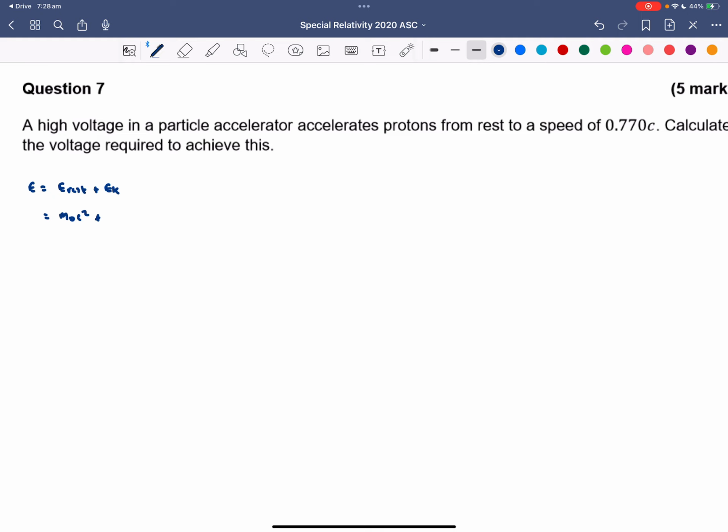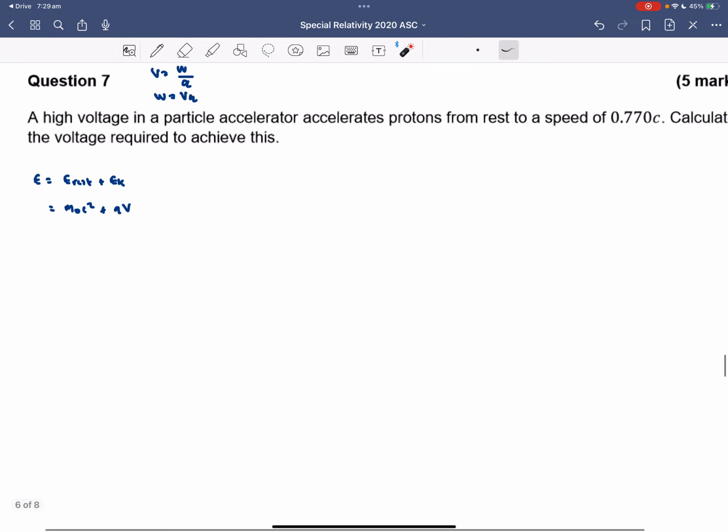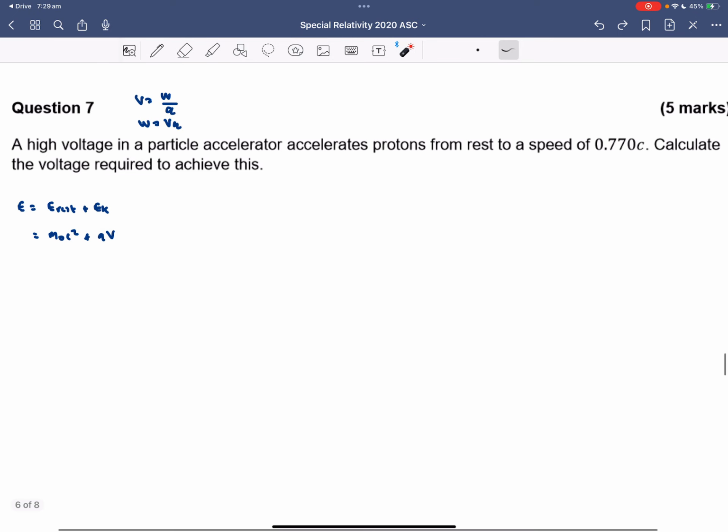We need to remember that the definition of voltage is work done per unit charge. So if I rearrange that, work done is VQ. In this case, the work done is a change in kinetic energy, and because it starts off stationary, the kinetic energy is straight up QV. Cool.